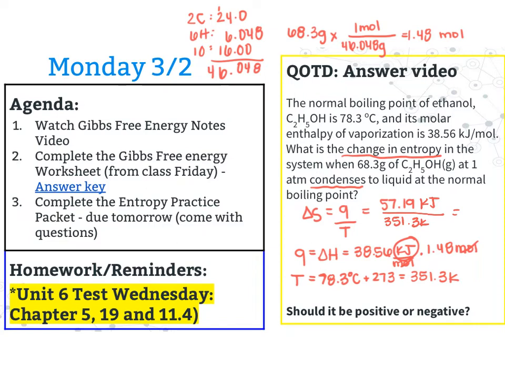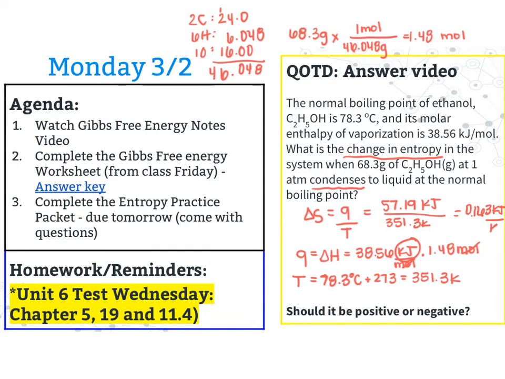So 57.19 divided by 351.3 equals 0.163 kilojoules per K.